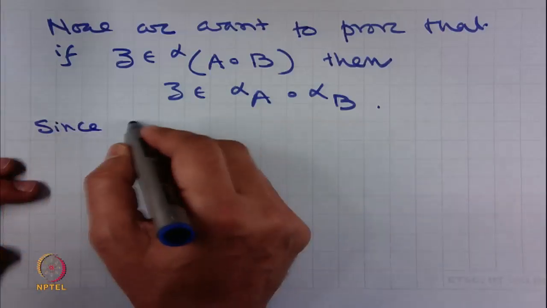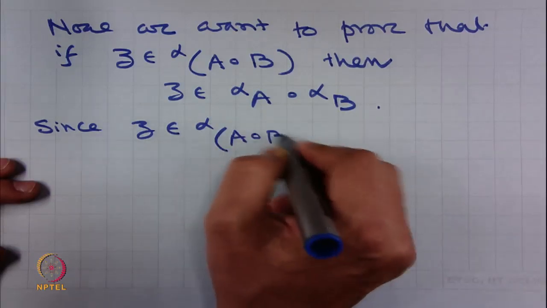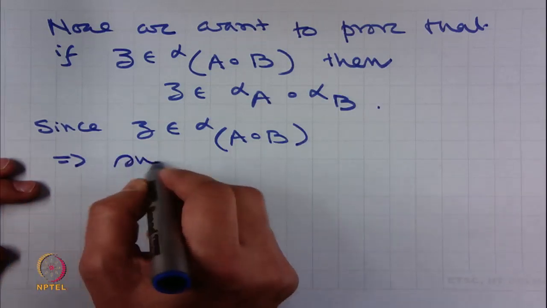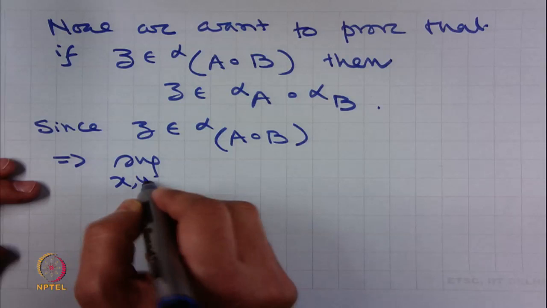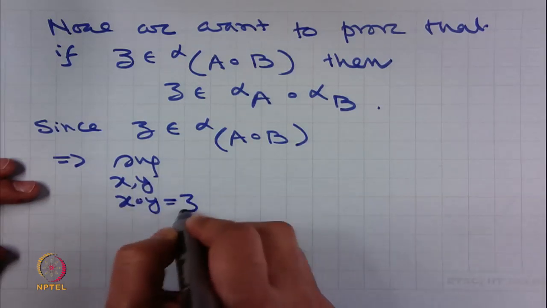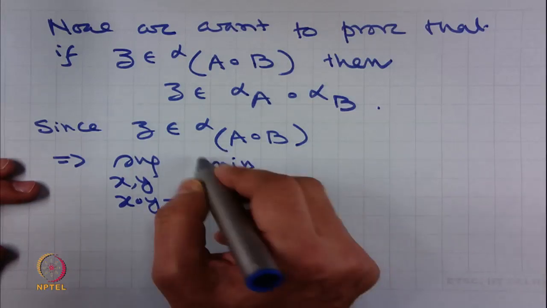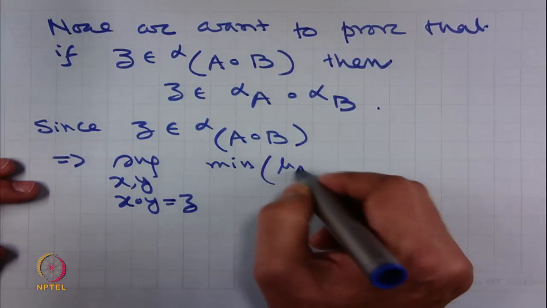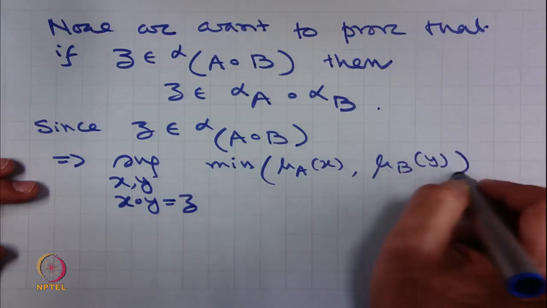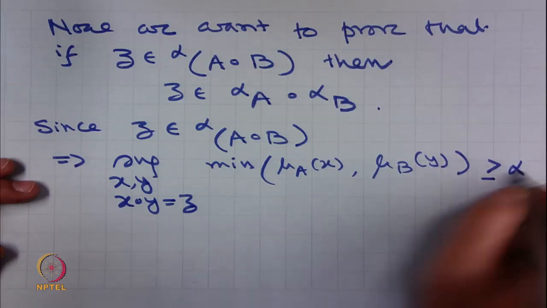Since z belongs to the alpha cut of A * B, this implies the supremum over x, y such that x * y is equal to z of the minimum of mu A of x, mu B of y is greater than or equal to alpha.